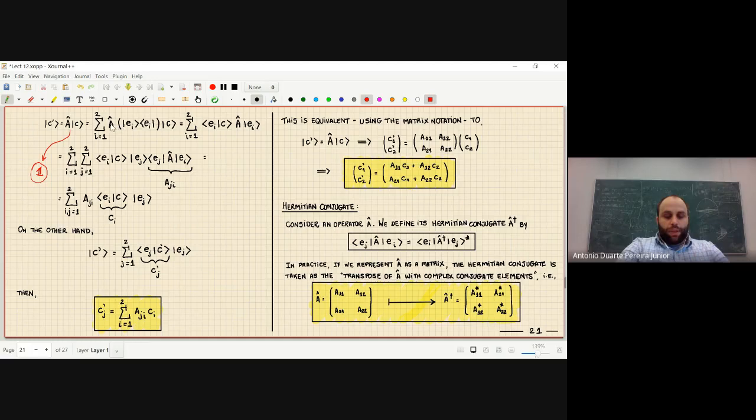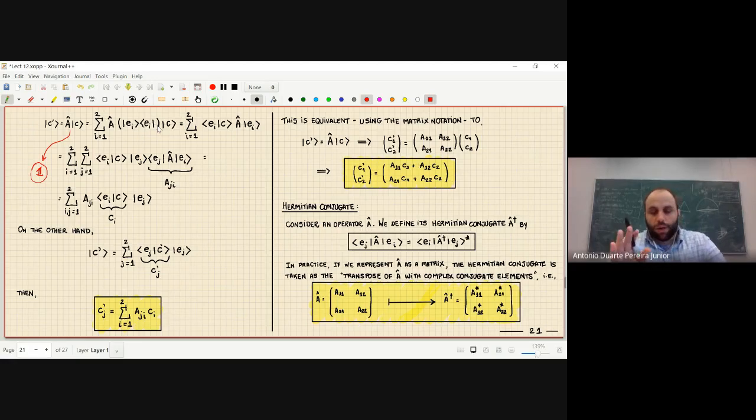So between A hat and C, I will have the butterfly EI, EI. And you see, I'm pulling out the sum because these are linear operators. So I can always enter with these operators in sums or remove sums from the line of action of this operator.